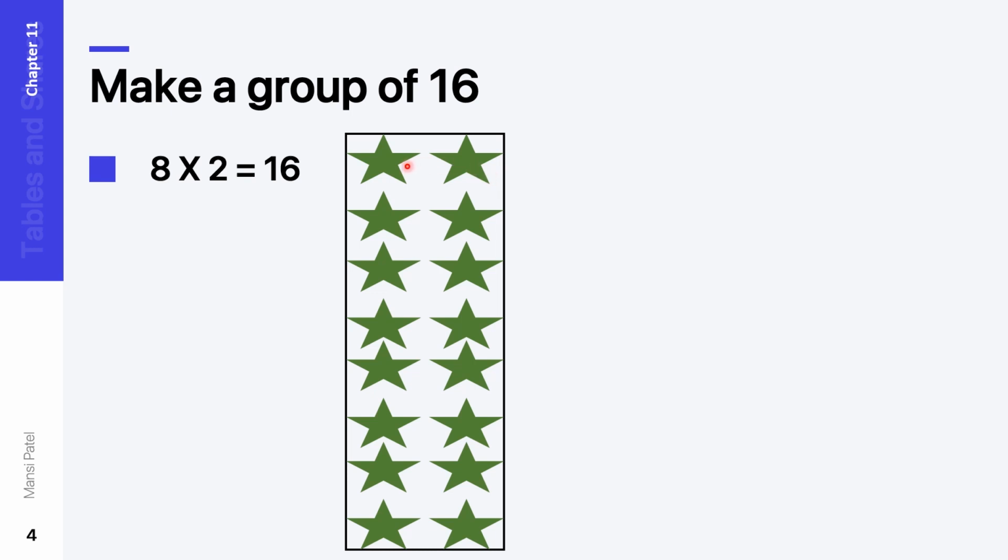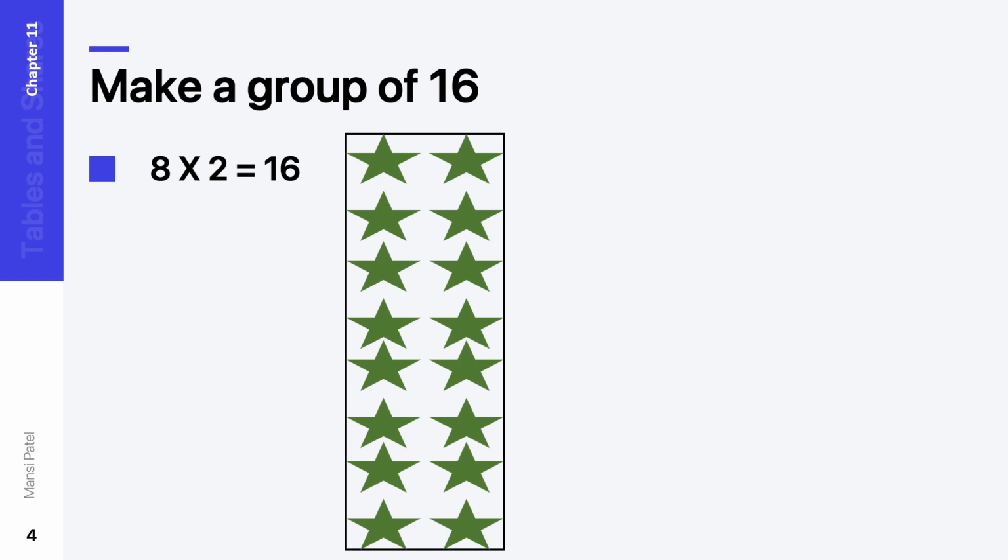So you just count it. Is this the number 16 or not? 1, 2, 3, 4, 5, 6, 7, 8, 9, 10, 11, 12, 13, 14, 15 and 16. Like this, all are the different ways to make a group.